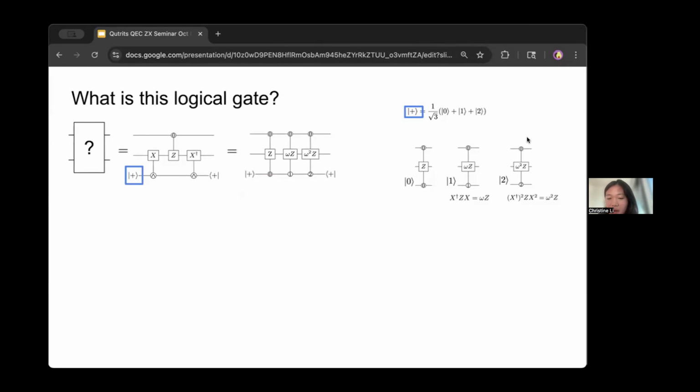For 1, you apply the X gate once to the second wire, and this applies an additional omega. If it's 2, you apply X twice, and then you apply omega twice. So you can write it in this form.